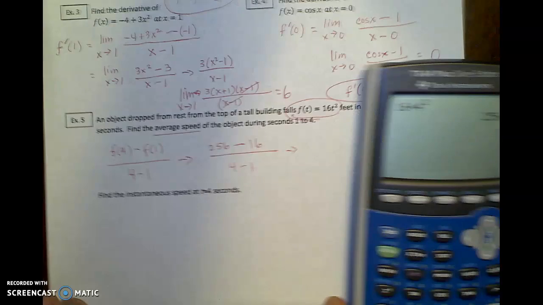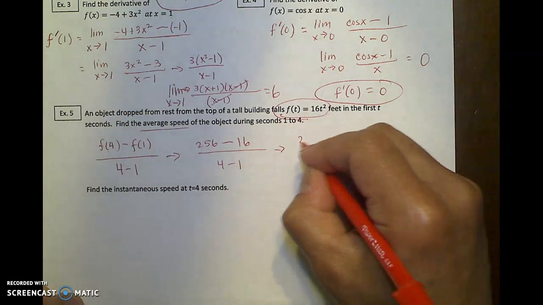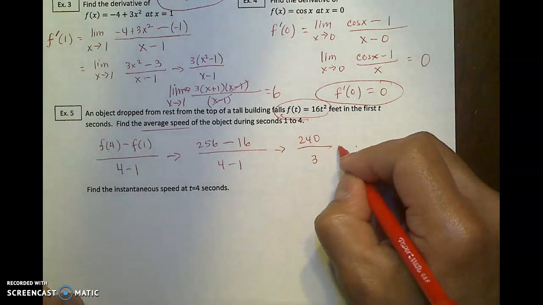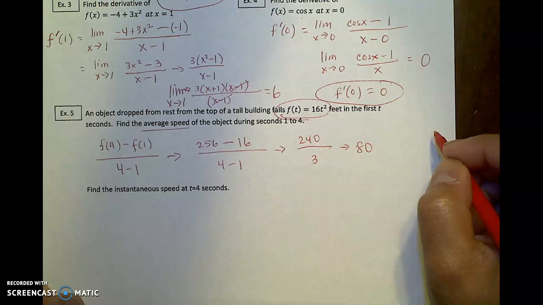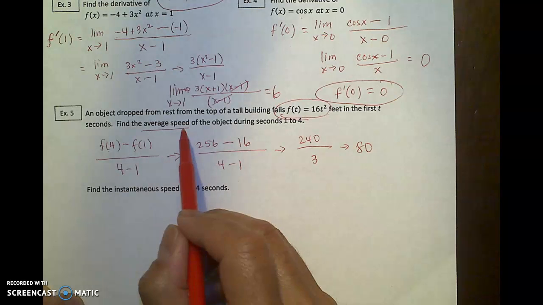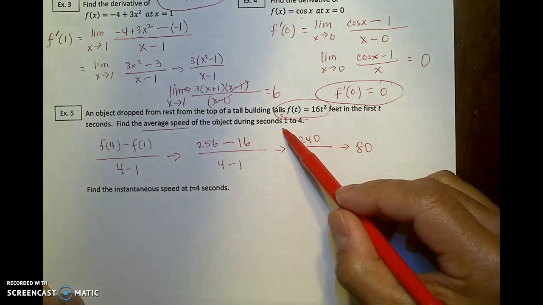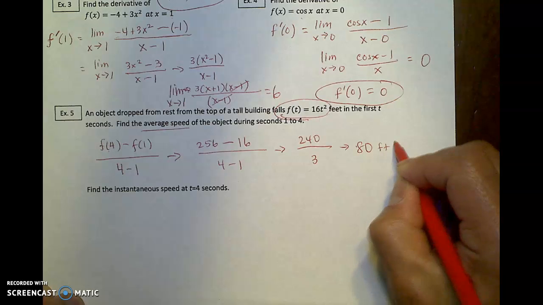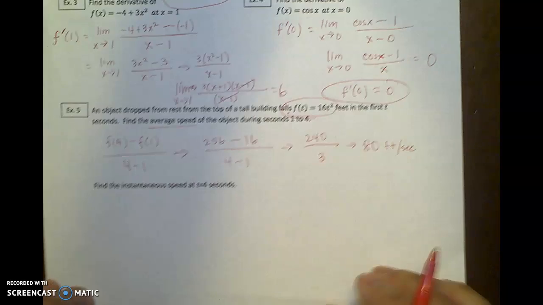So 256 minus 16, 240, divided by 3, and then we get 80. So the average speed of the object between time 1 to 4 is 80 feet per second.